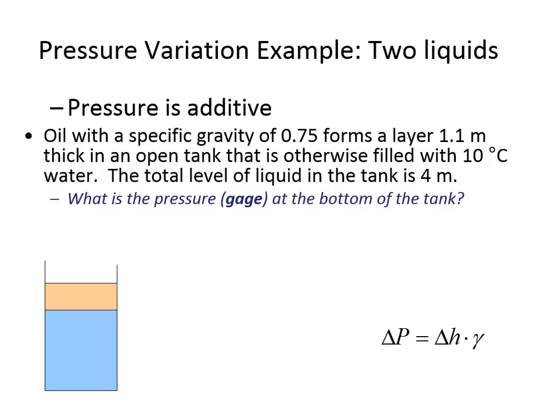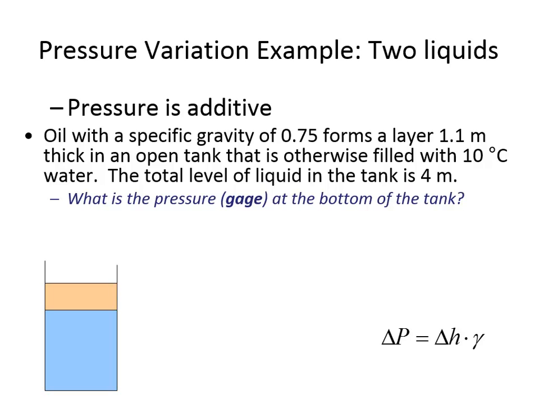So in our case, if the density of the oil is desired, we say it's 0.75 times the density of water, which is 1,000 kilograms per cubic meter. So just by inspection, we should instantly say, oh, this oil has a density of 750 kilograms per cubic meter.